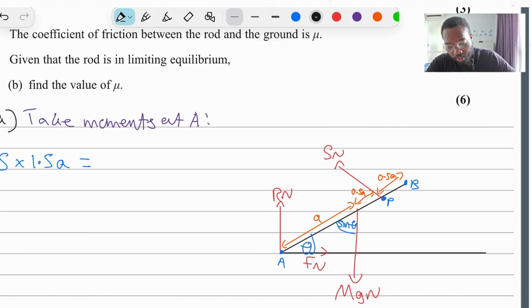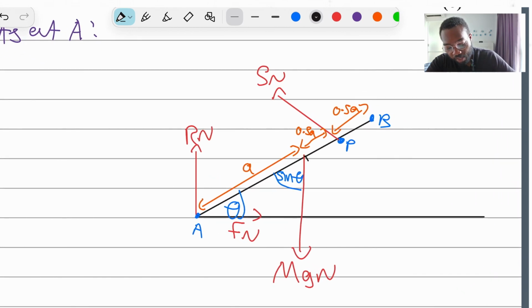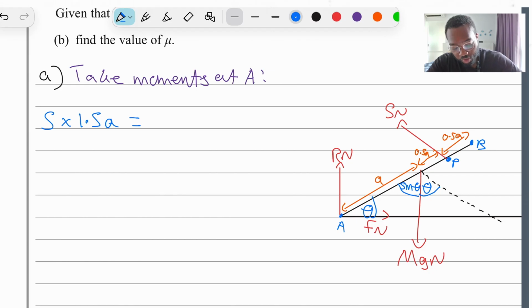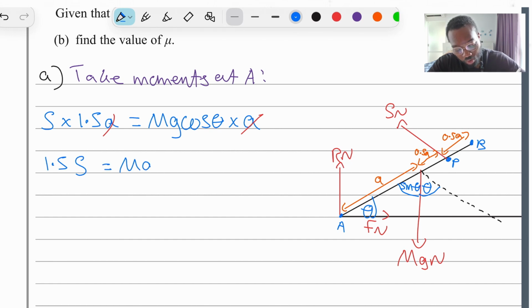If I draw the weight perpendicular to the rod, that will be the theta here. So for the weight, that would just be mg cosine theta, times by a. Now at this stage, we can simplify out the a's because they both have a, so we're left with 1.5 S is equal to mg cosine theta.